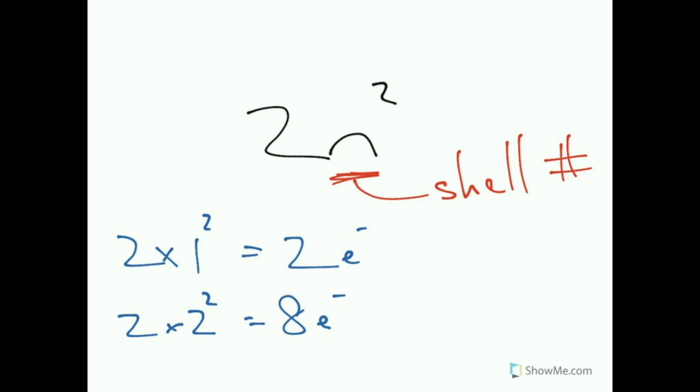The third shell can take 18 electrons, because it's 2 times 3 squared, so 2 times 9. The fourth shell can take 32 electrons, and the fifth shell can take 50 electrons, etc.